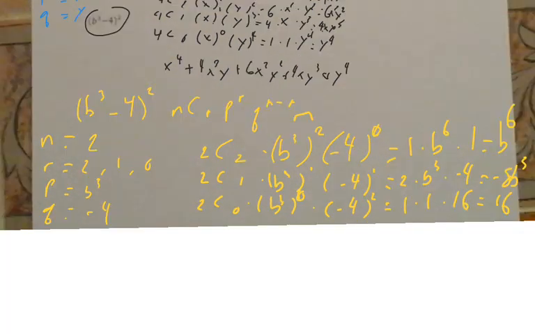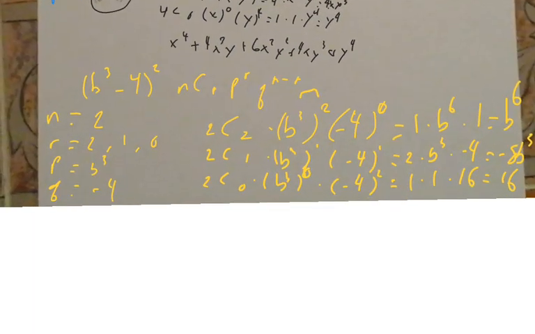So in this one we have 2C0 times b cubed to the 0 times negative 4 squared, and that equals 1 times 1 times 16, which equals 16. Remember, we're not done.